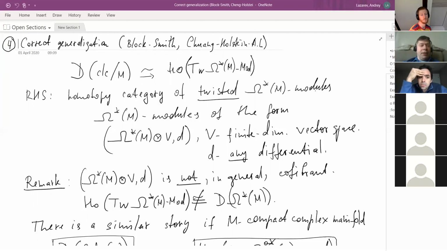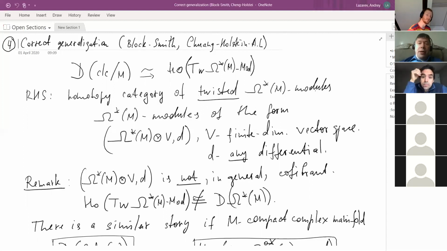This formulation was due to Chuang, Holstein, and myself. Block and Smith gave a different formulation using the language of A-infinity functors and A-infinity local systems.